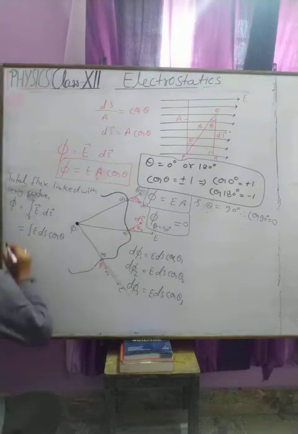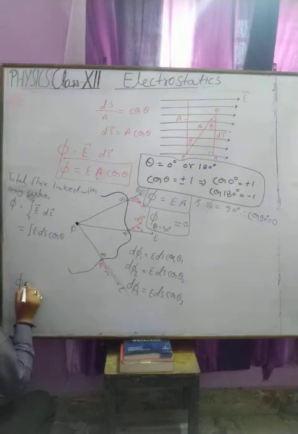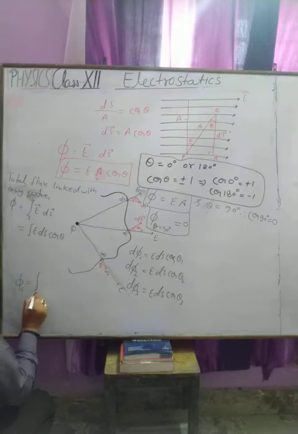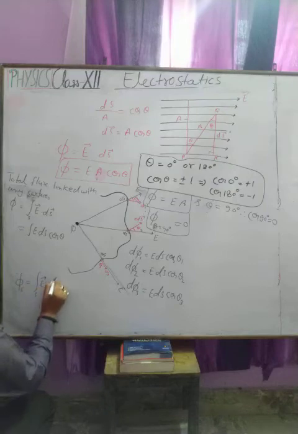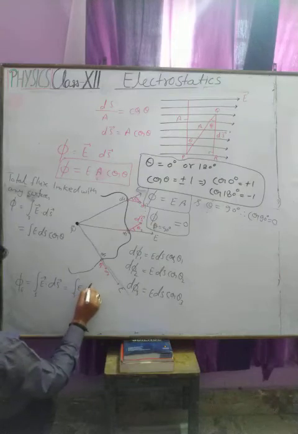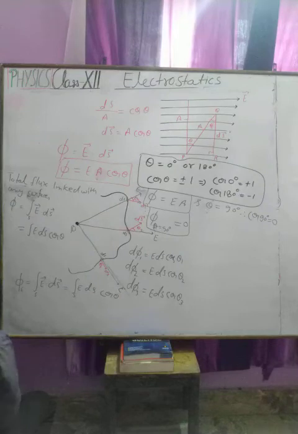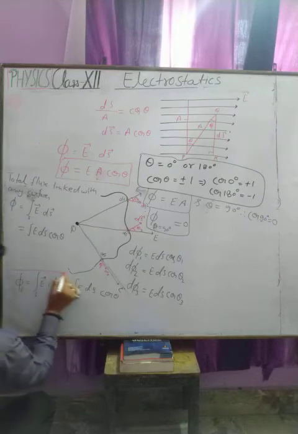Okay student, therefore the flux for any surface, phi E, is given by the surface integral of E dot ds, equal to the surface integral of E ds cos theta. Okay, so copy these notes.